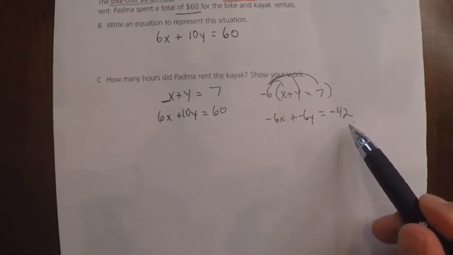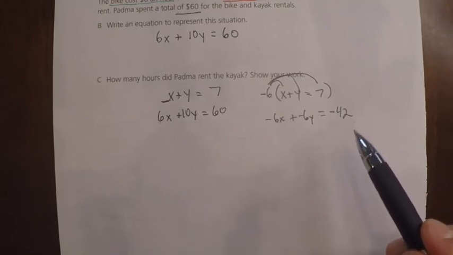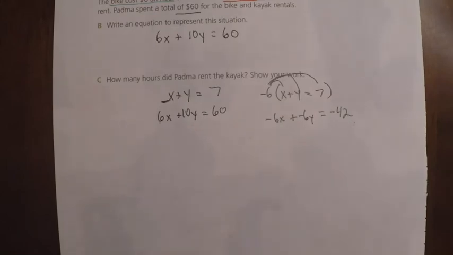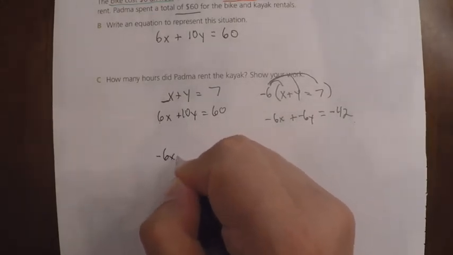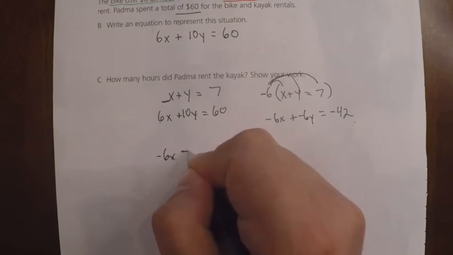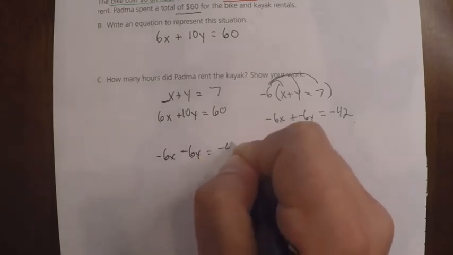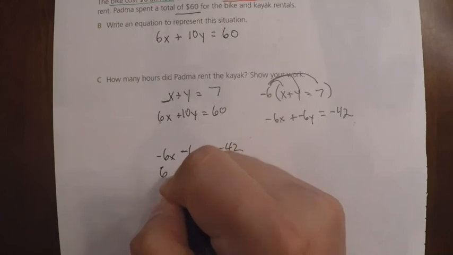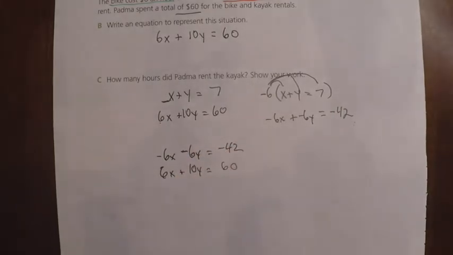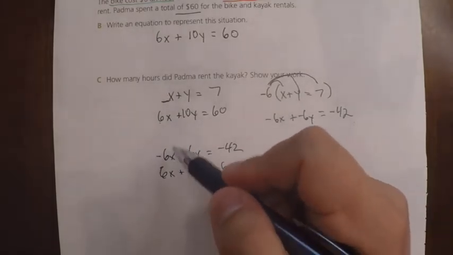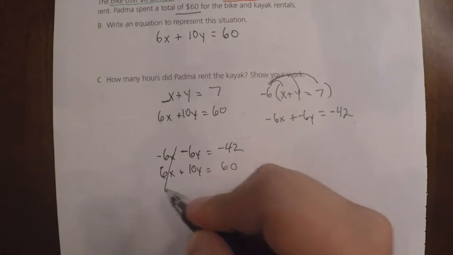Now I'm going to combine this equivalent equation with one of the original equations we have to solve for Y. So I'll start with negative 6X, then we can do minus 6Y equals negative 42, and combine it with 6X plus 10Y equals 60.